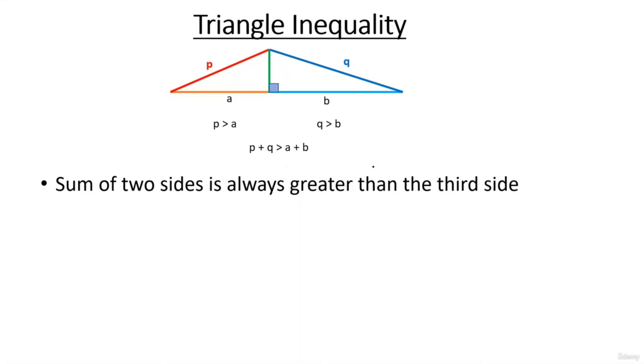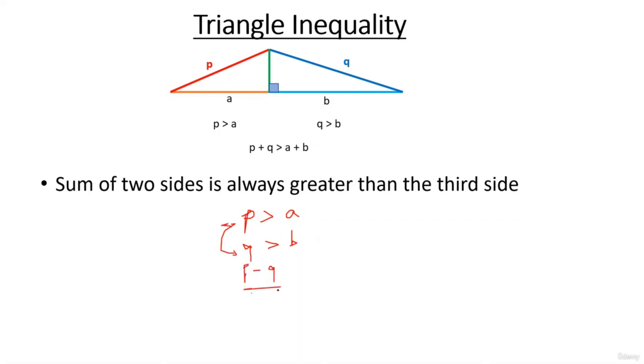The second part of the triangle inequality is this. Look, P is greater than A, right? And Q is definitely greater than B, right? So basically, we take the difference of P and Q here.